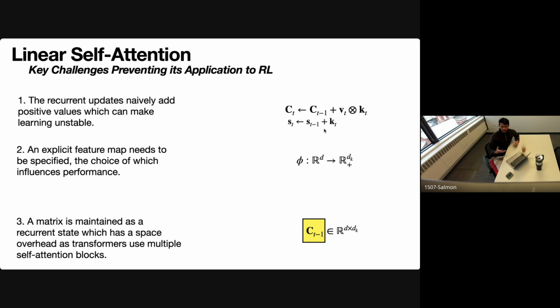But storing a matrix for each of the heads of the transformer architecture is computationally expensive, because typically transformer architectures use multiple self-attention layers and multiple self-attention heads. So if you want to use really large architectures sequentially, having a recurrent matrix for each of these self-attention heads is going to be computationally expensive.